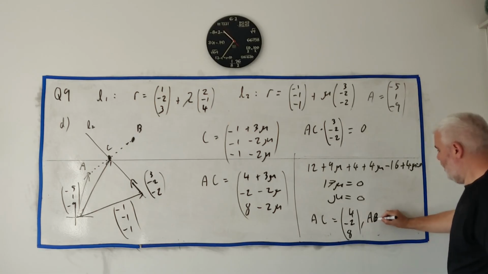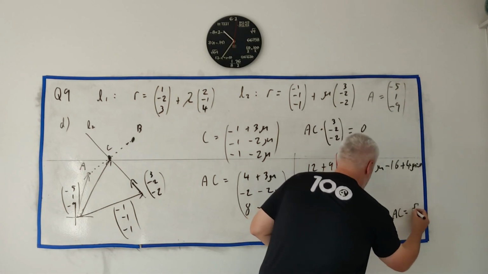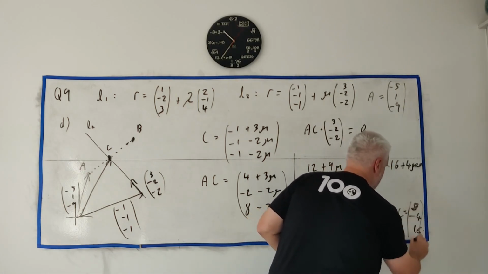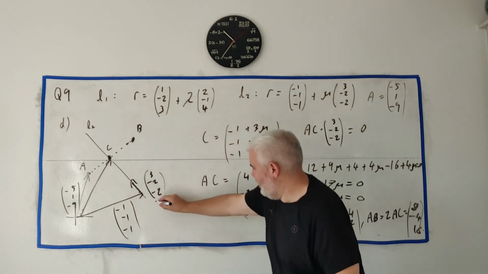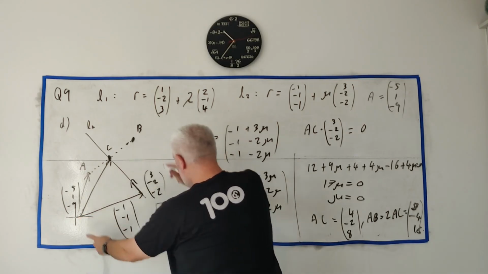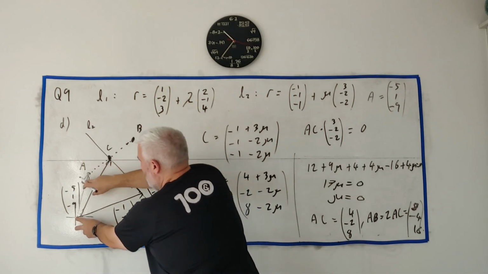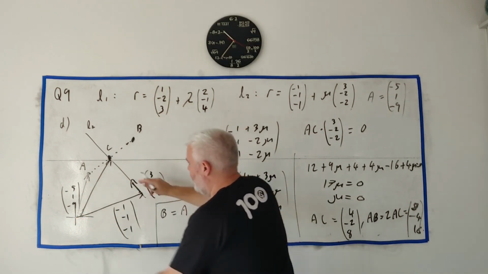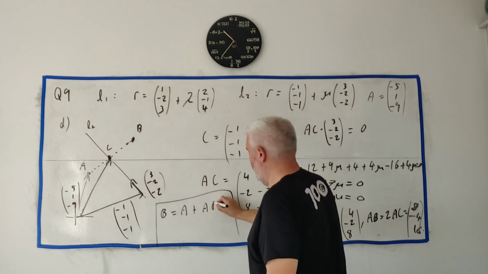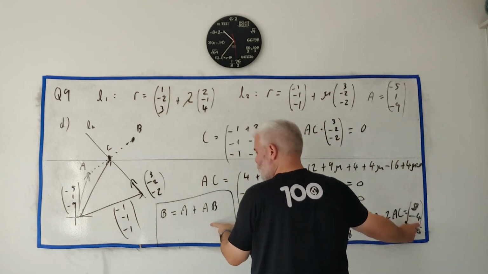AB equals 2 times AC, which equals 8, -4, 16. And I'll squeeze in the final answer here. I'm looking for B. B is simply equal to A, that's this one, plus AB. We have A right here, and we have AB right here.